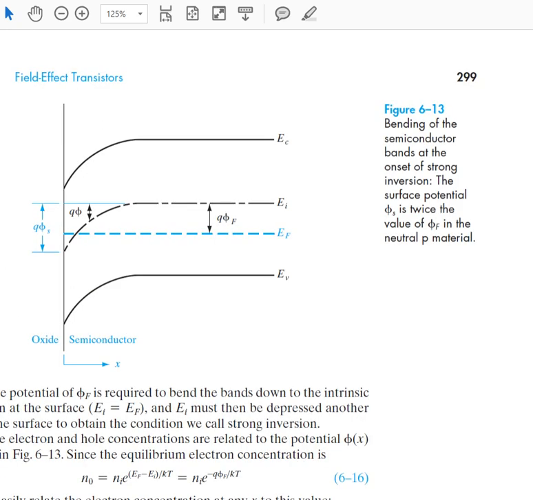So this is in consistency with the energy band diagram, which means when phi s is more negative, the bands are bending towards the top, whereas when the bands are coming near to EF, or they are just reaching the position of EI, or they're going below this position, phi s becomes less negative.